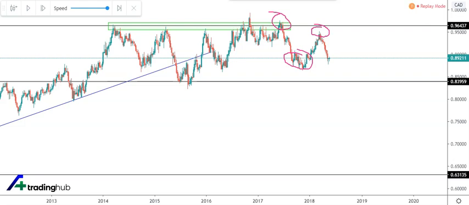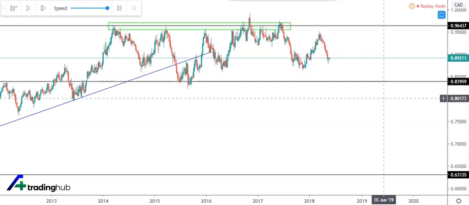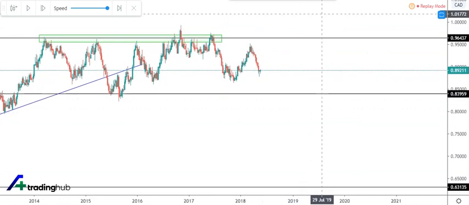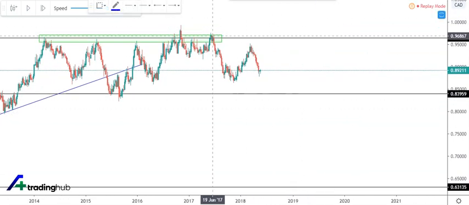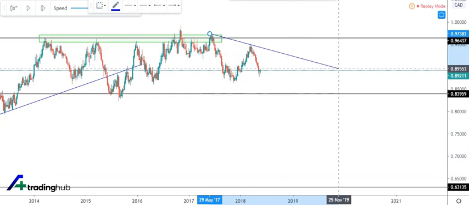So with these three spots now, 1, 2 and 3, I will start plotting my trend line. Let me pick the trend line tool and plot this from here.